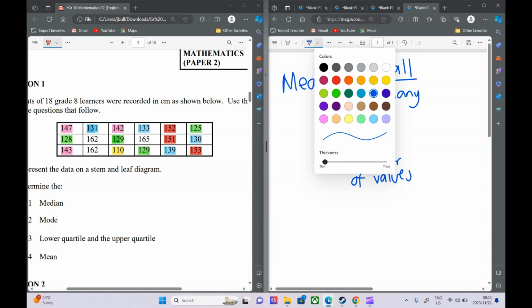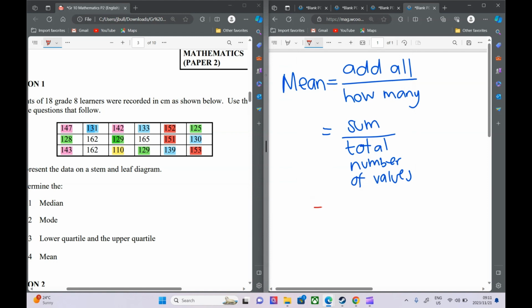Okay, so let's have a look here. What we are going to do then is add up all the values in this list, which really is quite tedious.